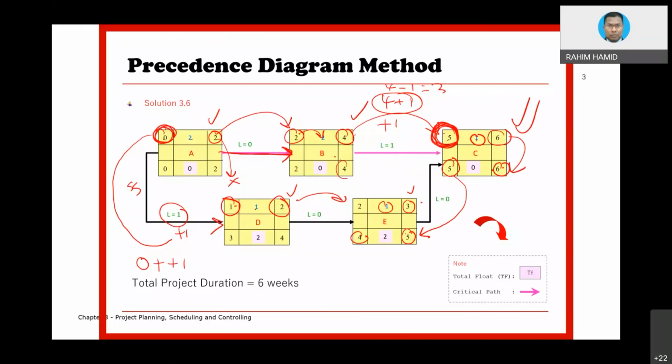Okay, 5 will be transferred here, but then because it is backward pass, we need to deduct. So remember, the forward pass is everything add plus. But when you do backward pass, you need to deduct, including the deduction with this one. So 5 minus plus 1. Remember, this one is basically positive.